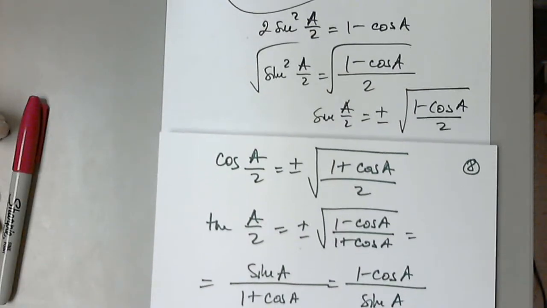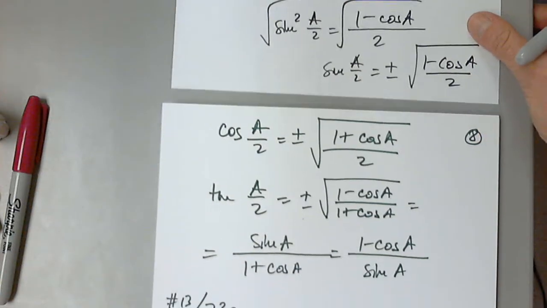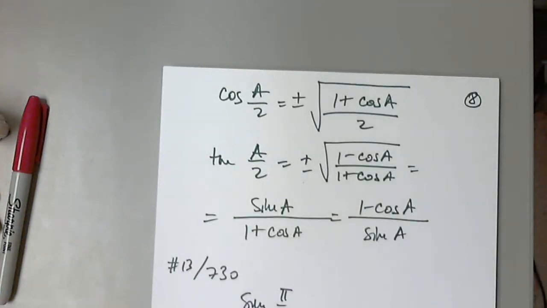Okay, so let's look at sine pi over 8. This is problem 13. See how these formulas work. We're asked to determine the exact value of sine pi over 8. If you punch it in the calculator, you're not going to get an exact number.